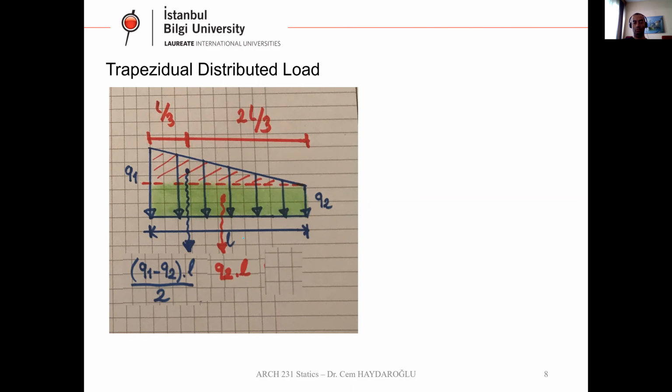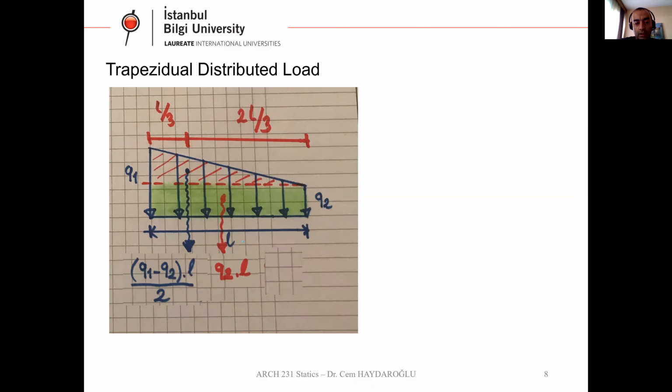That means at the end of the day, we have two concentrated loads, one for the triangle, one for the rectangle.